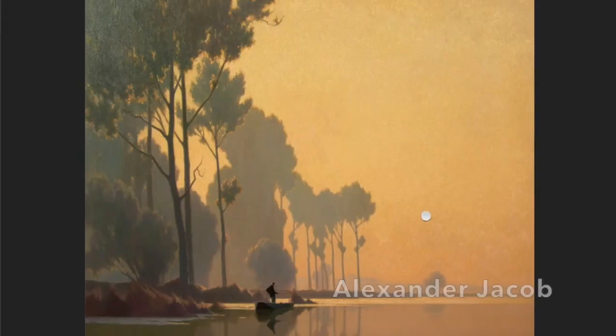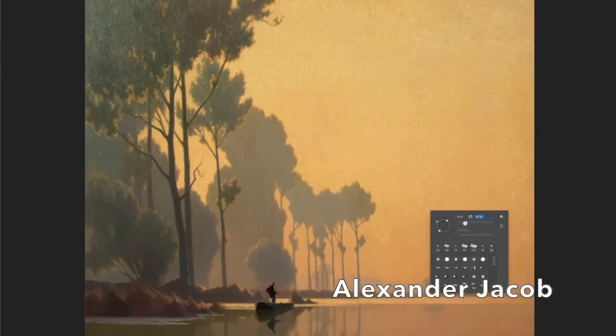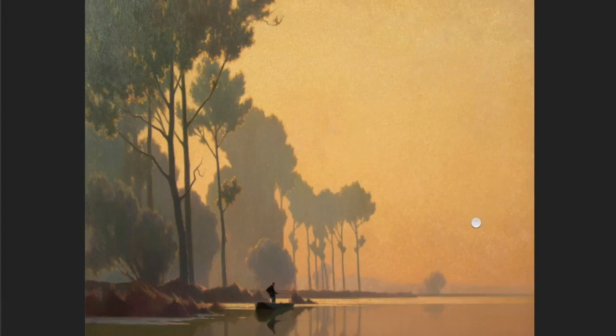This is by Alexander Jacob. He was a French painter, early 20th century. Not well known either, but you can see the darkest darks are here in front, and they're not very dark because you're looking into the sun. Sun is probably over here behind the trees, or maybe right in there. But you can see the darks gradually getting darker.